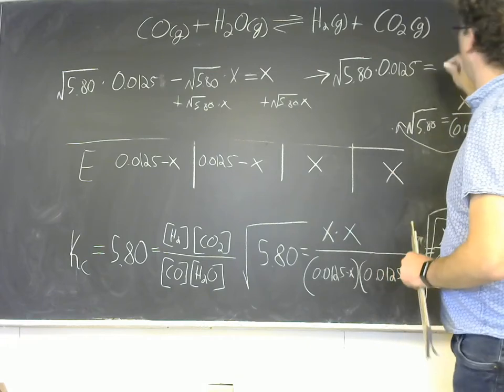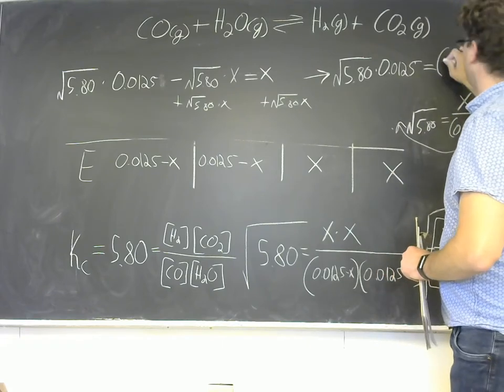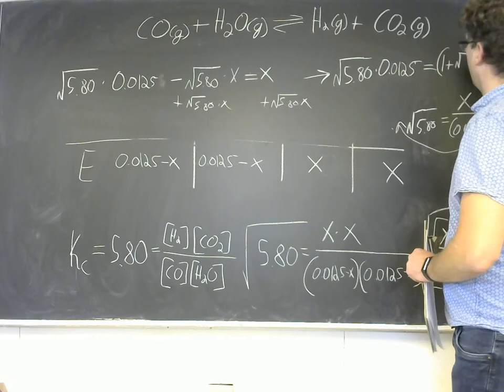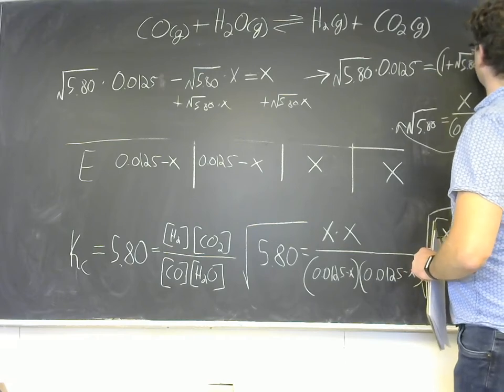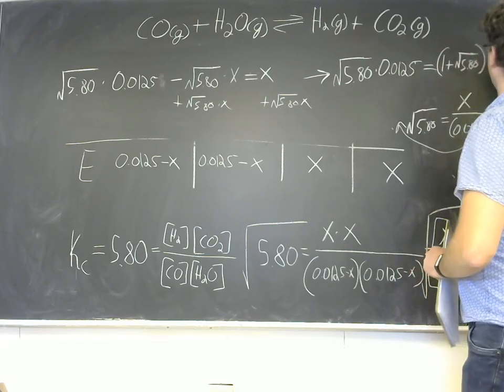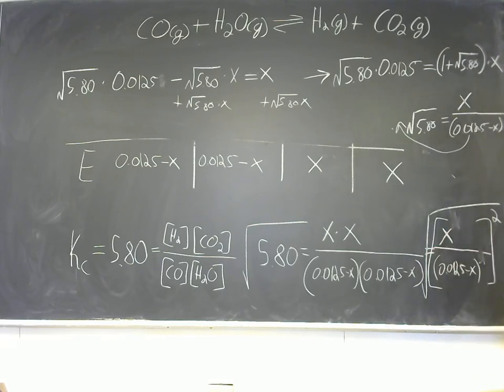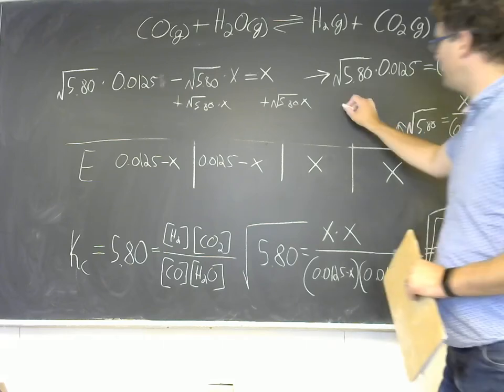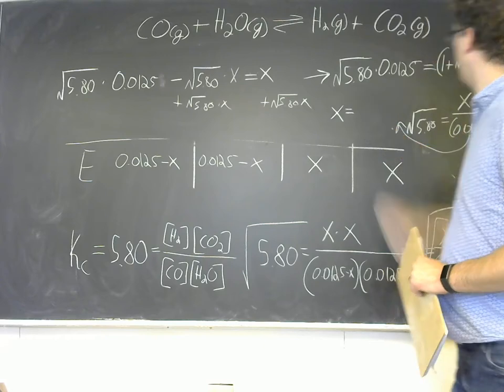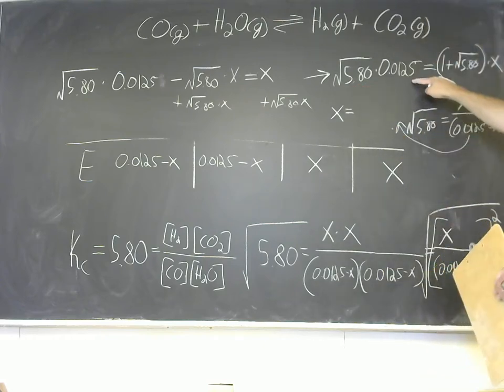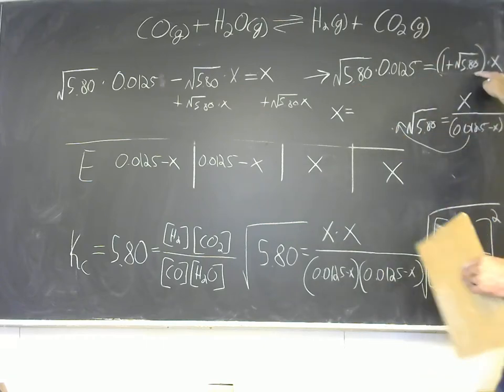And we'll pull out the x here, so we end up with 1 plus the square root of 5.80 times x. Okay, and finally we can solve for x now. It's just going to be this product divided by that sum.